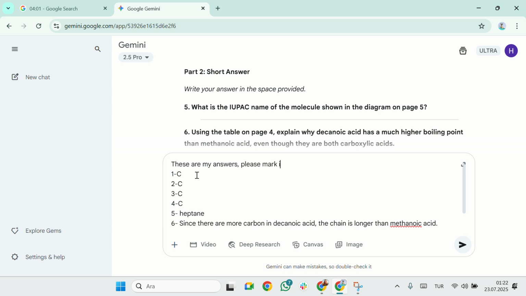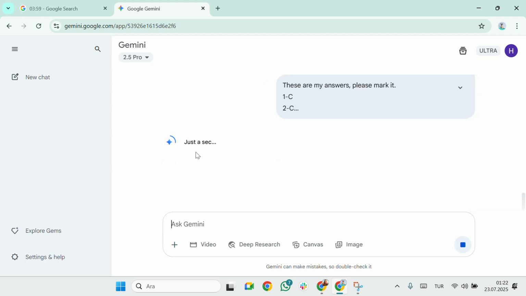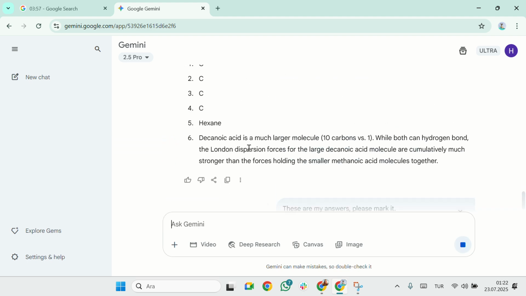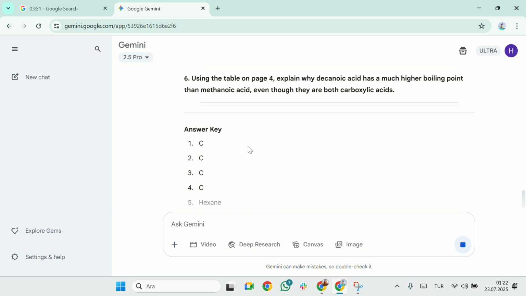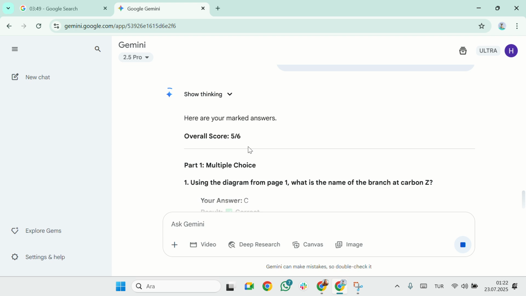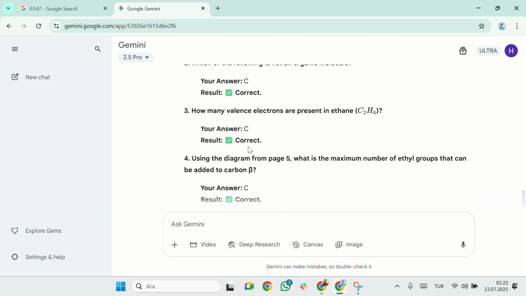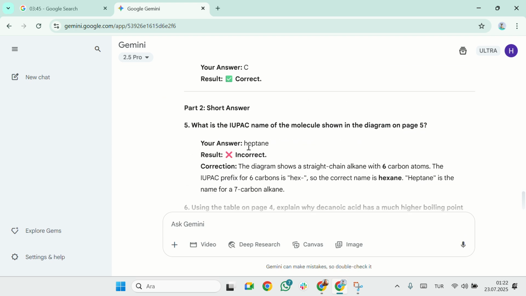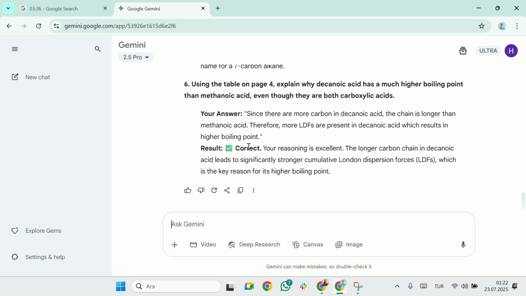Please mark it. Oh, I think I have. Oh, 5. Which one is incorrect? Heptane? Oh, hexane. I confused it. But what was the thing for 5?